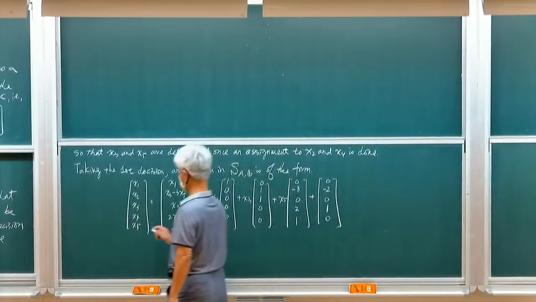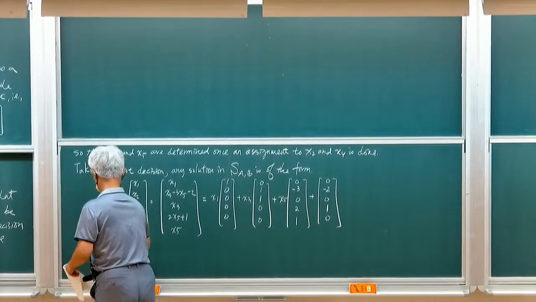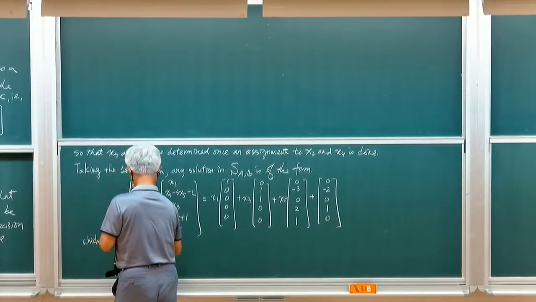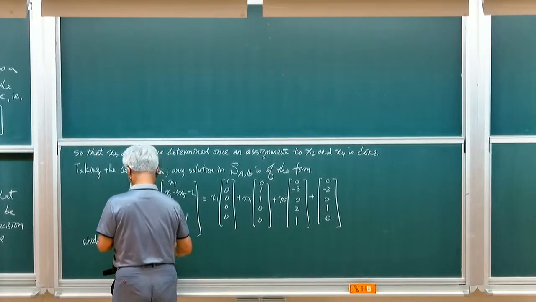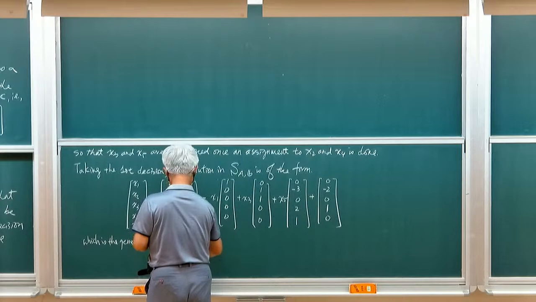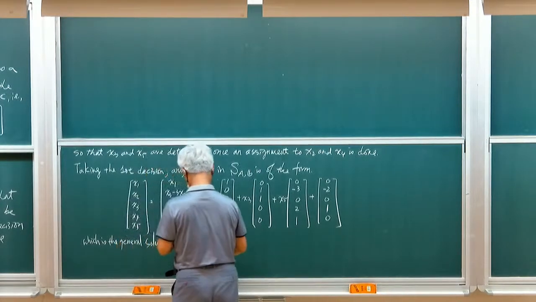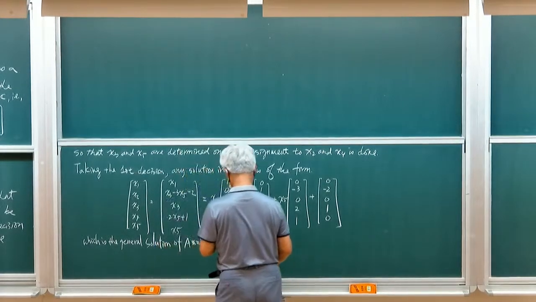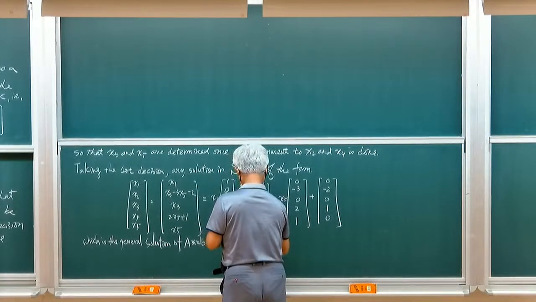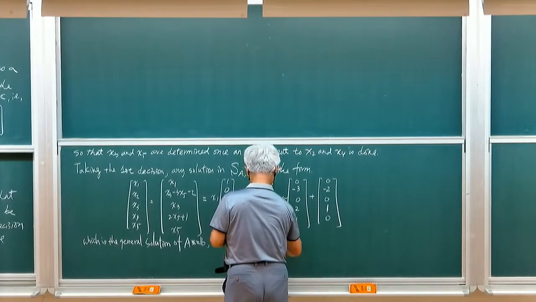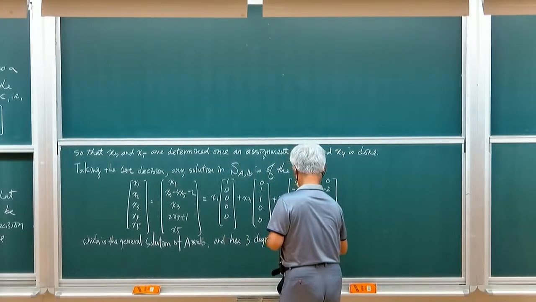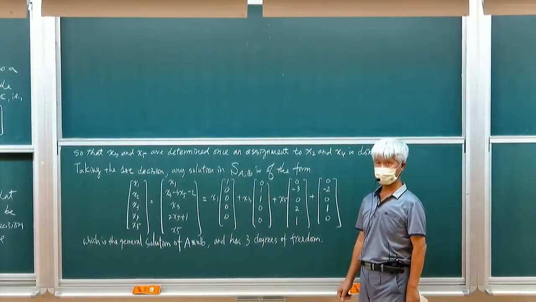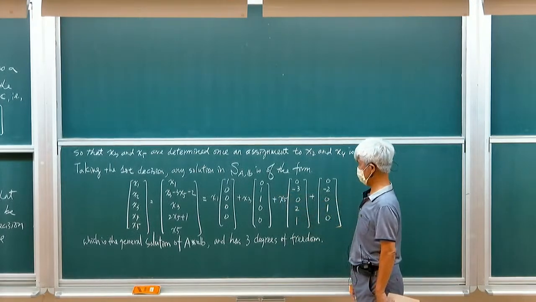Okay, so once we express this, which is called the general solution of the original linear system, it has 3 degrees of freedom. Okay, because you have x1, x3, x5 that can be freely assigned. Okay, as you can see.